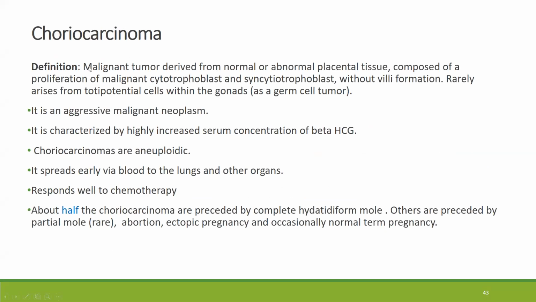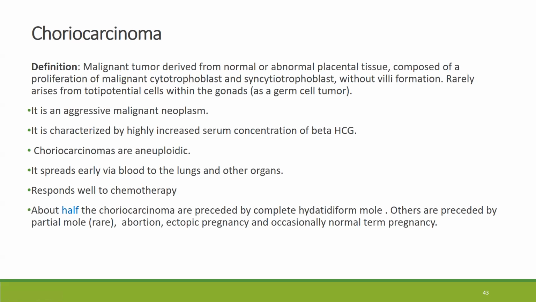So choriocarcinoma is a malignant tumor derived from normal or abnormal placental tissue. It's the malignant counterpart of cyto and syncytial trophoblast. Choriocarcinoma is a very important, very malignant tumor. Usually it is seen as a consequence of a previous pregnancy, either a normal pregnancy or, commonly, a molar pregnancy.